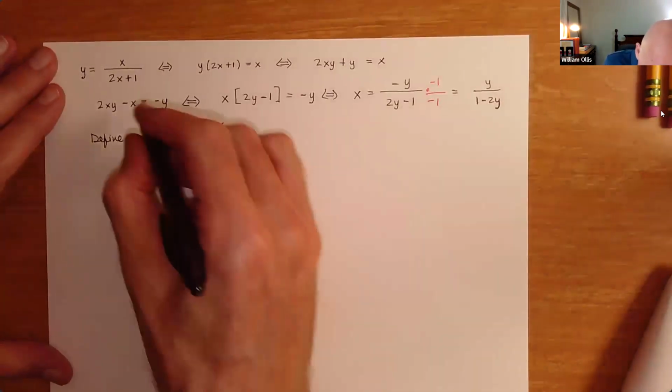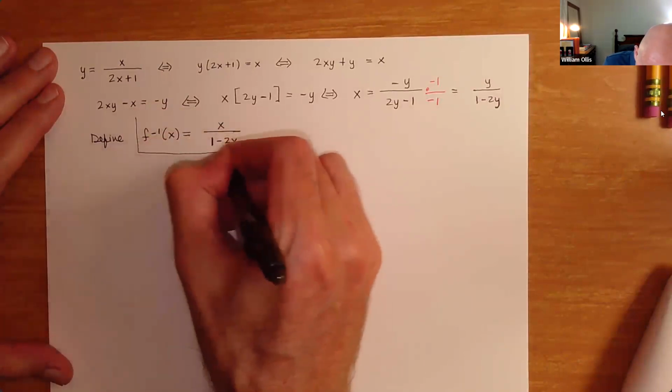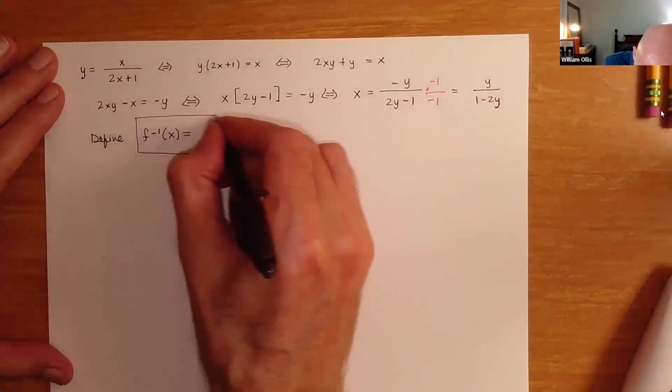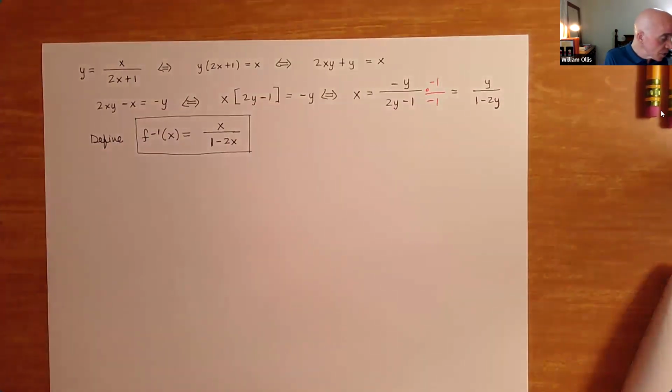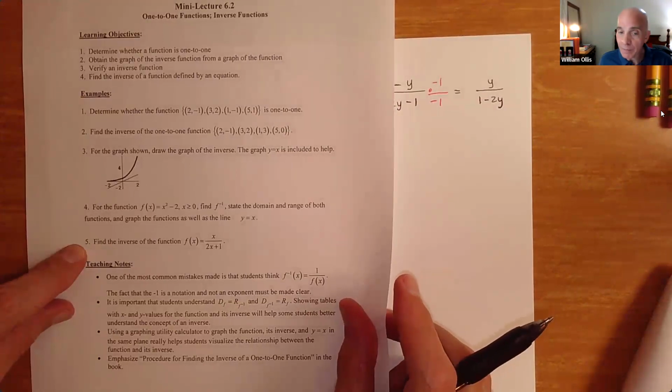Okay, so now we can simply write this and we are good. So there's our inverse function. And in this particular case, this is from your lecture notes, this is number 5.